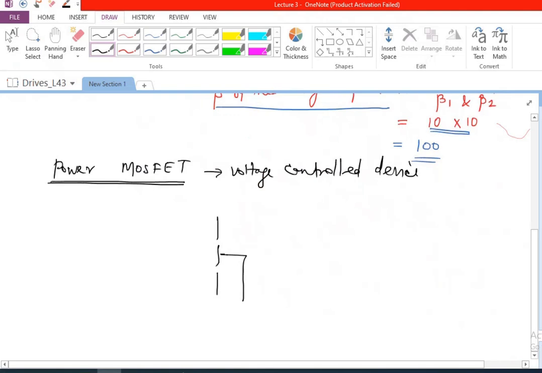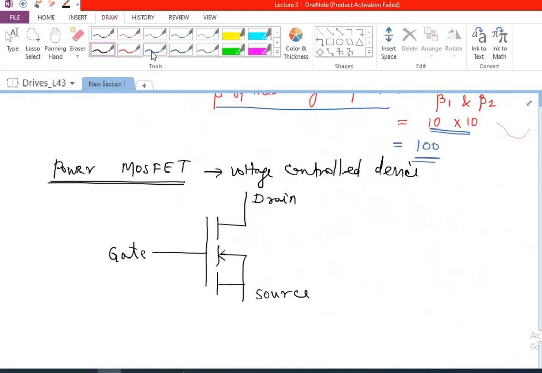And this is the symbol of the power MOSFET. So I may call this the drain. And this is the source. And this is the gate. These are the 3 terminals of the power MOSFET. What we have shown here is an N-channel MOSFET.